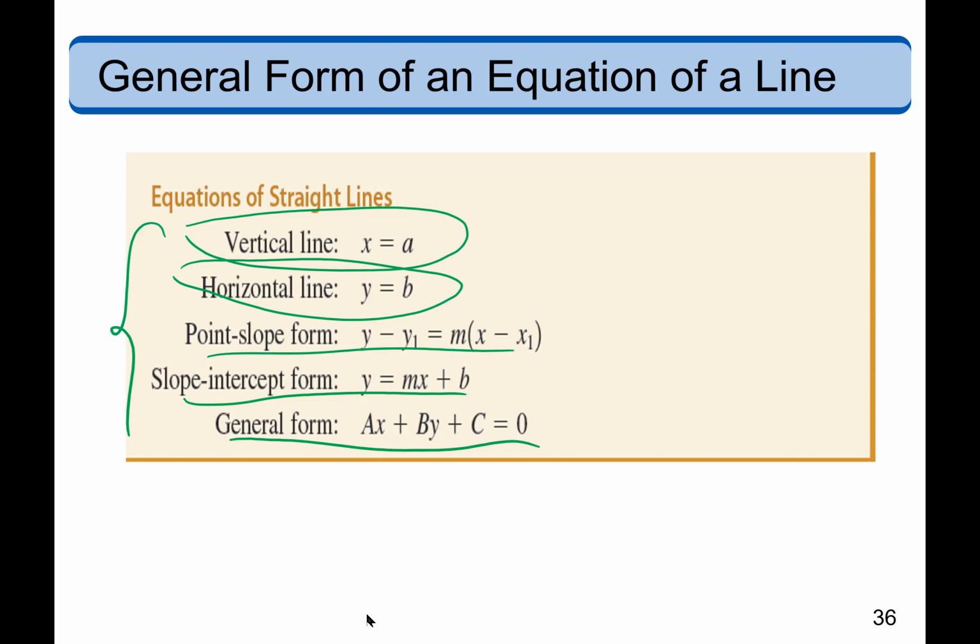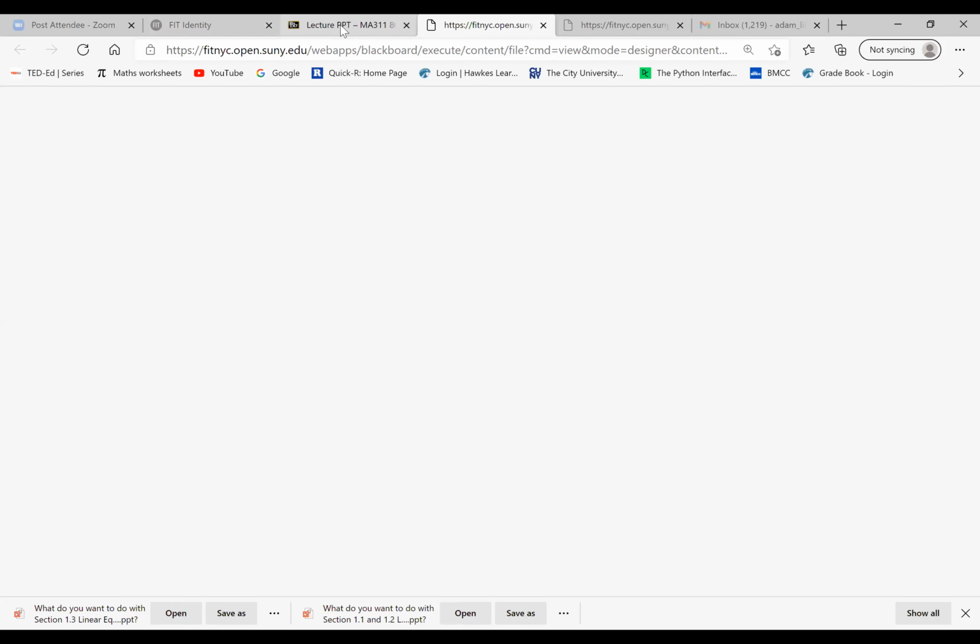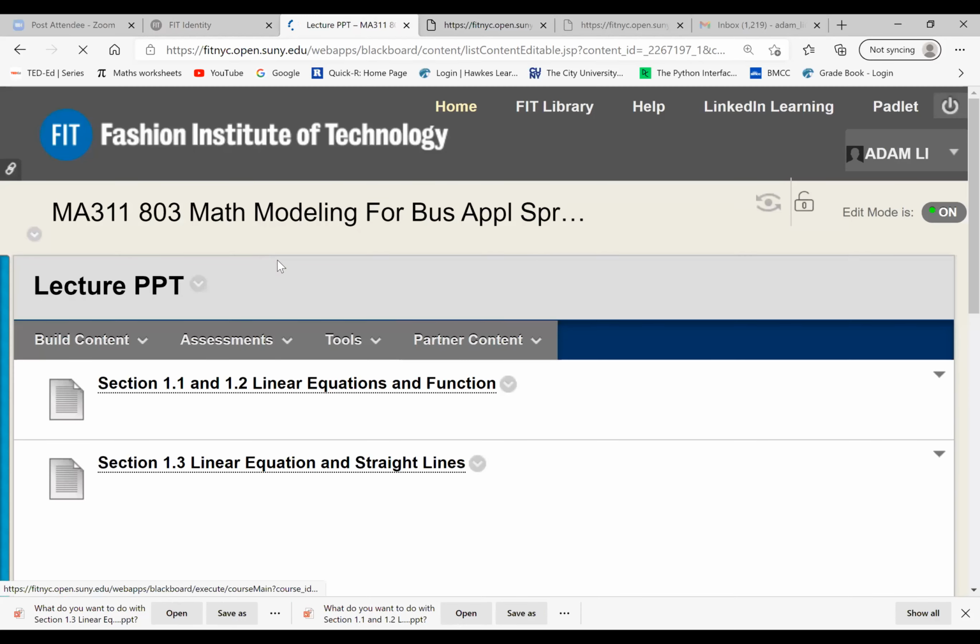The next thing I want to quickly go over is a couple of questions from your homework assignments, the even ones, right? I'm not going to do the R1s. So we finished 1.3, and today you should work on the homework assignment from section 1.3. So now let me open the textbook.